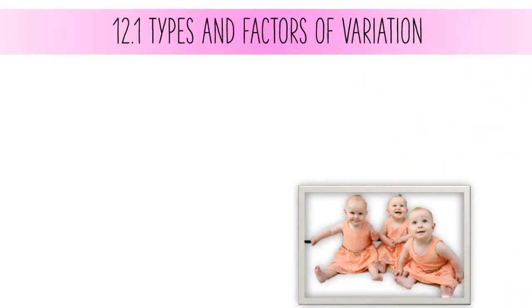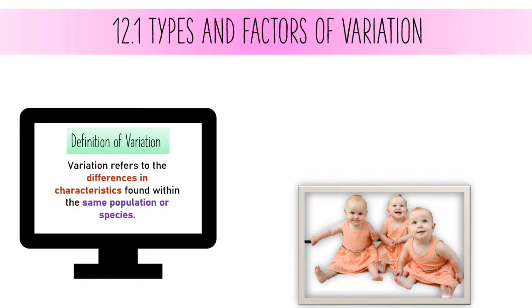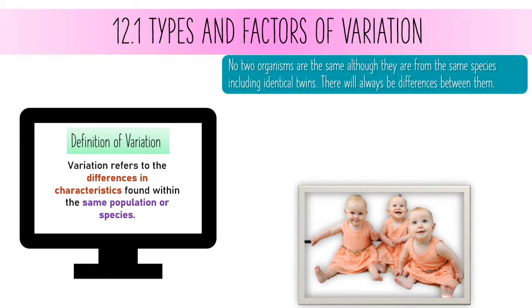Okay, what is variation? What is the definition of variation? So variation refers to the differences in characteristics found within the same population of species. No two organisms are the same although they are from the same species, including identical twins.